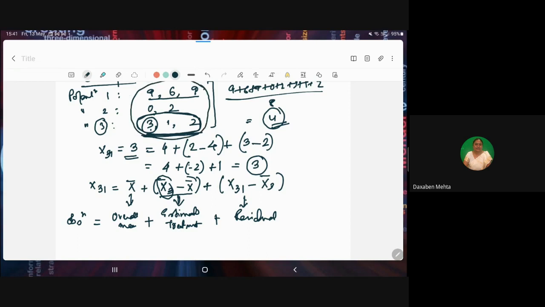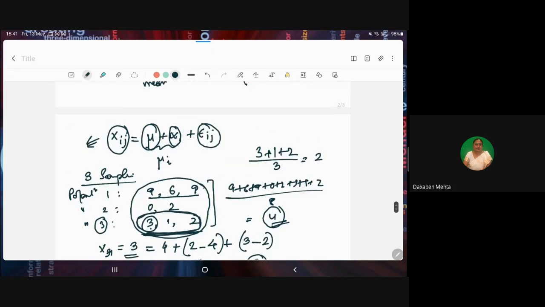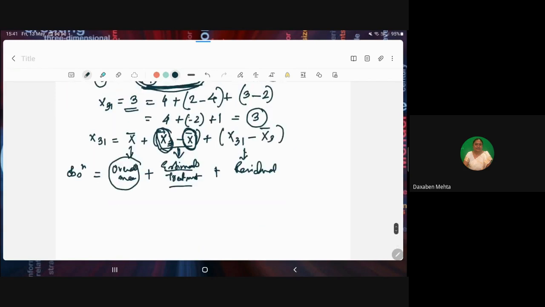So this is the village mean minus the block mean. You can define this as the block mean, and this is the village mean minus the block mean, and this is the estimated treatment effect, which we have written by this alpha factor. And the third one is the residual.